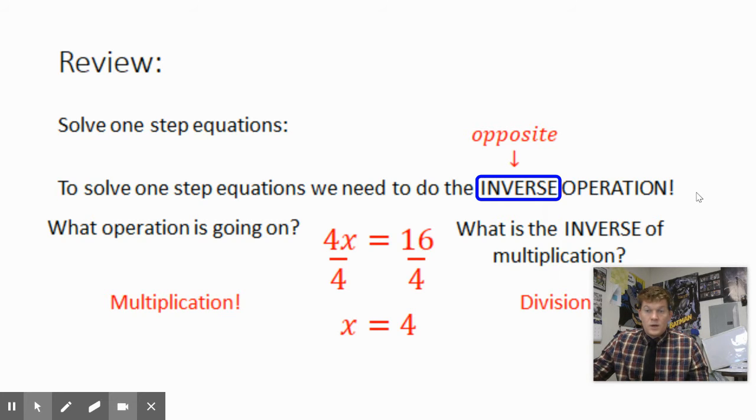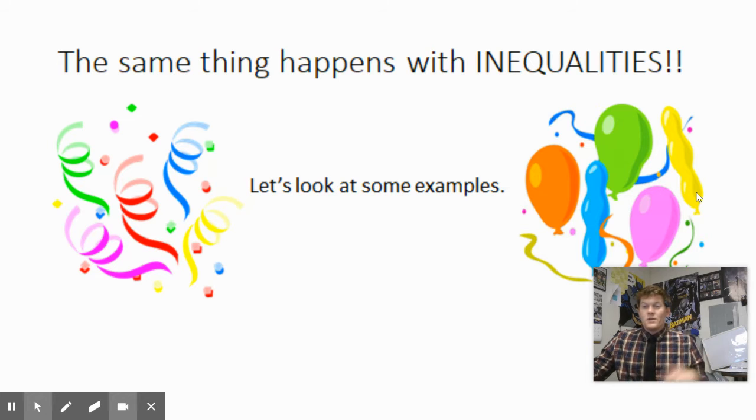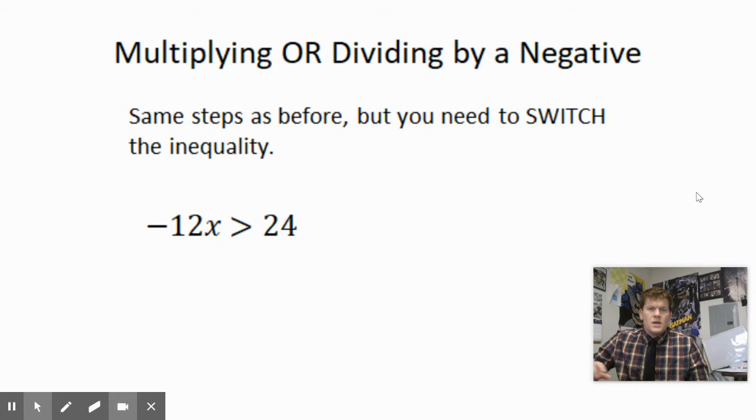That's with equations, but it's also the same thing with inequalities. So that's not going to change much at all. What is going to change, though, is when we multiply or divide by a negative number. When that happens, you need to switch the inequality to face the other way. I'll give you an example.